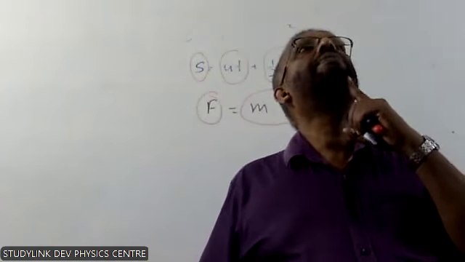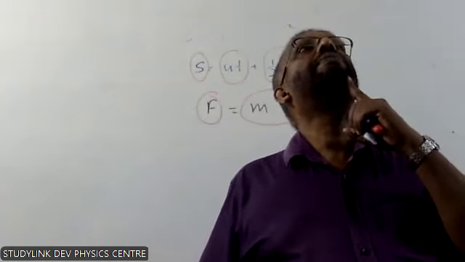So then, first you write the dimension of V: LT minus 1. Dimension of U: LT minus 1. Dimension of AT: dimensions of A into dimensions of T. Square bracket means dimension. Instead of writing dimension, we can put a square bracket.